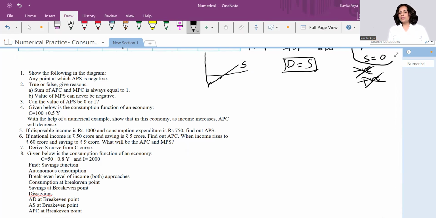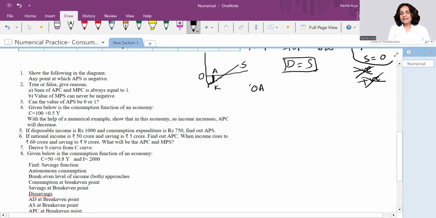So APS would be negative in this saving zone. So you may write any point, say this, you may highlight this way and you name it somewhere like K and A. So at OA level or OY level, OA is the level where APS is equal to negative.